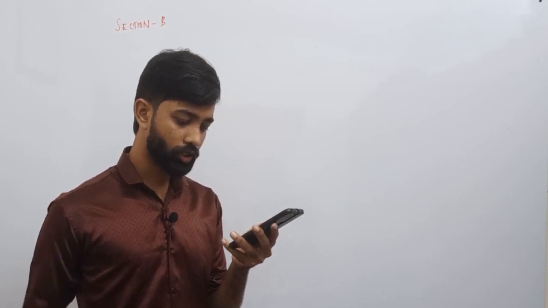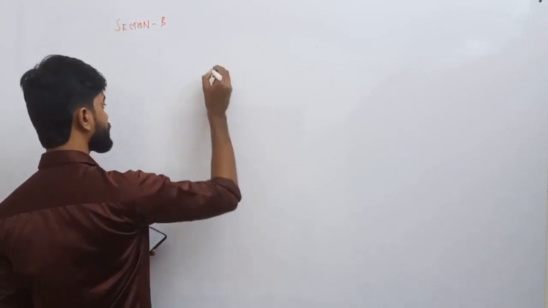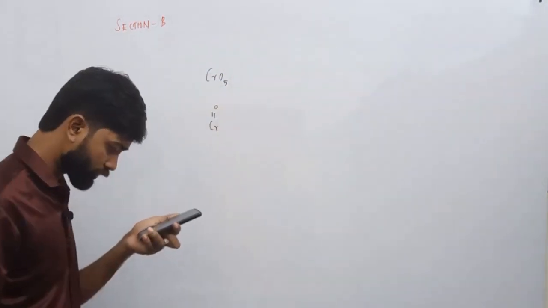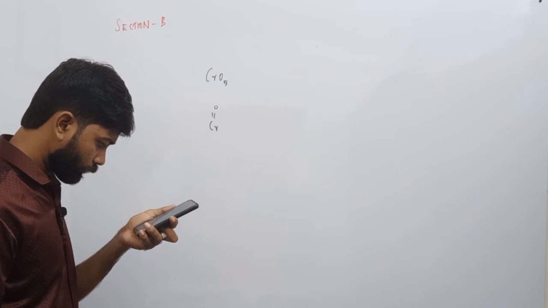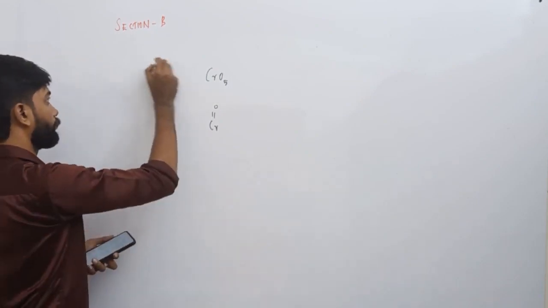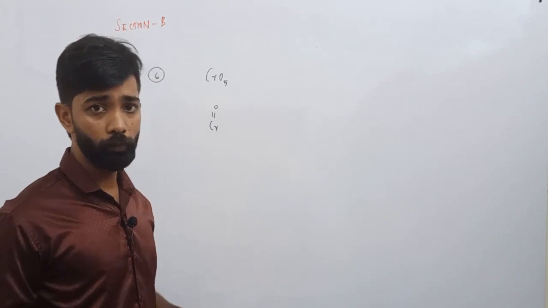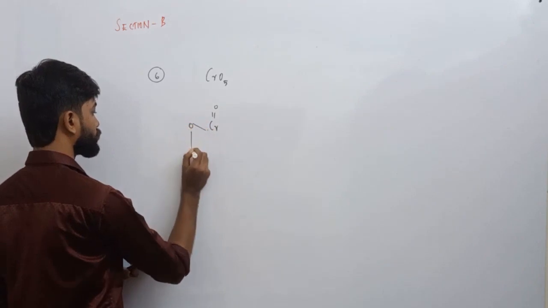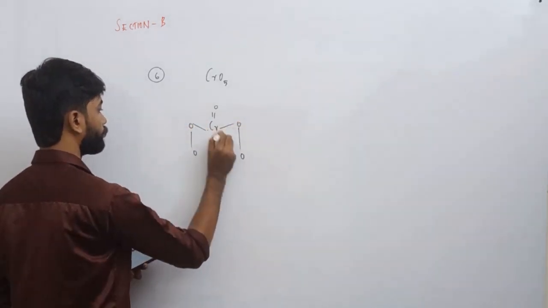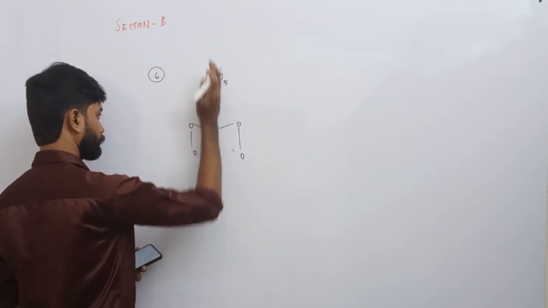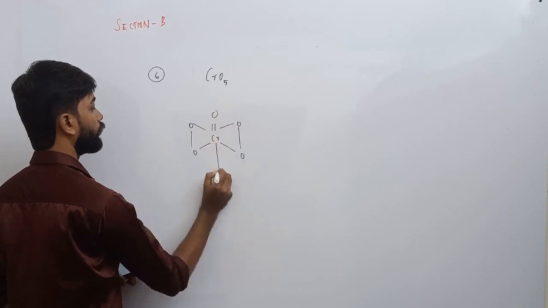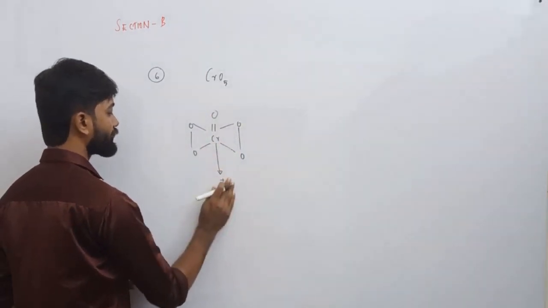Question number 6. The oxidation numbers of chromium atom in CrO5 and K3CrO8 are respectively. The questions which are dropped will be discussed in your electrochemistry. Don't worry. CrO5 has a butterfly-like structure, and you know that the oxidation state is plus 6.